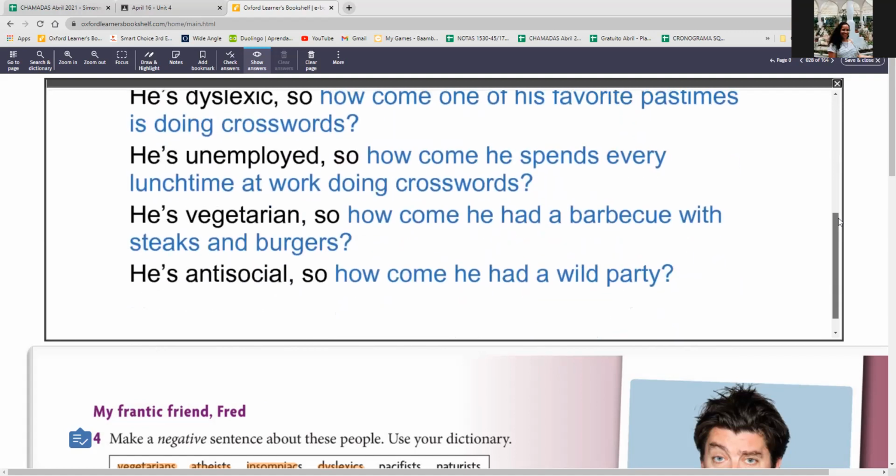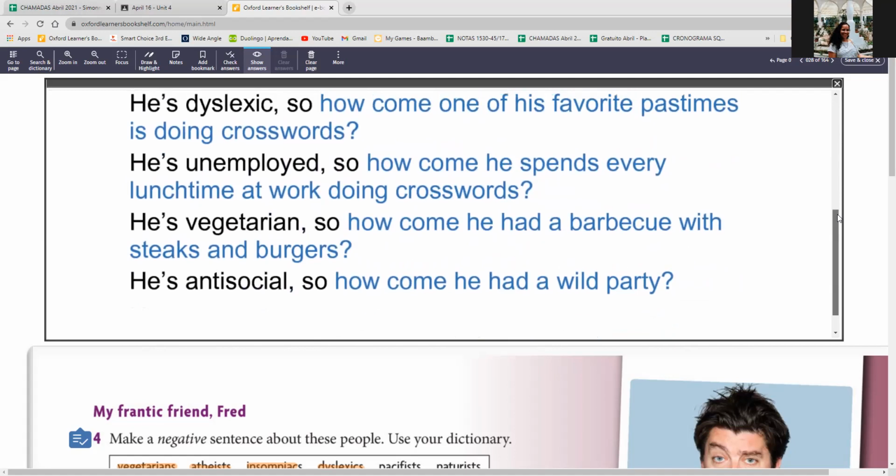Yeah, because the letters are scrambled. The words are usually scrambled, and it's not very simple for people who aren't dyslexic to solve crosswords.